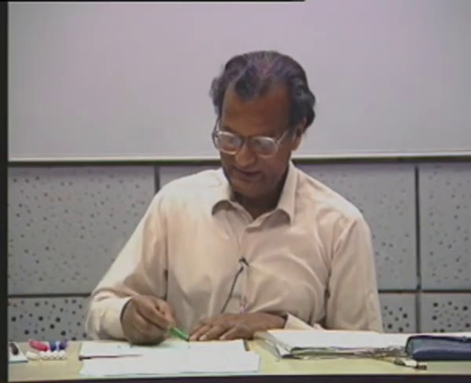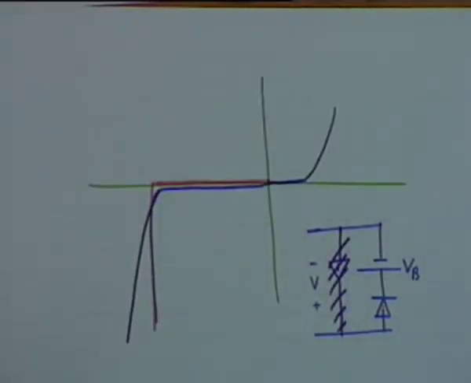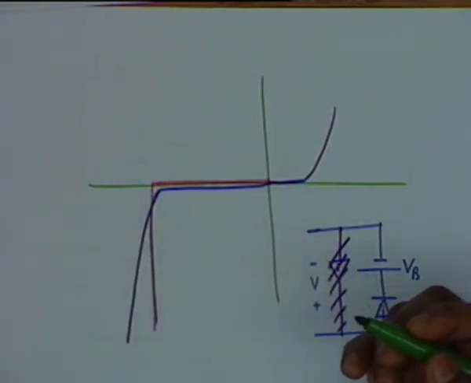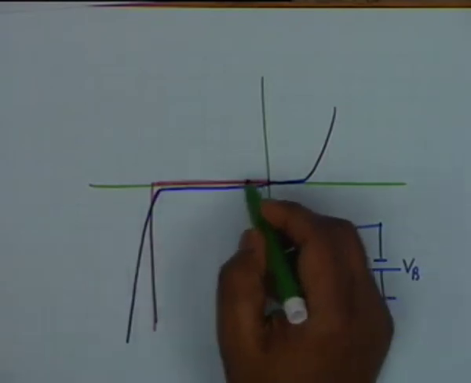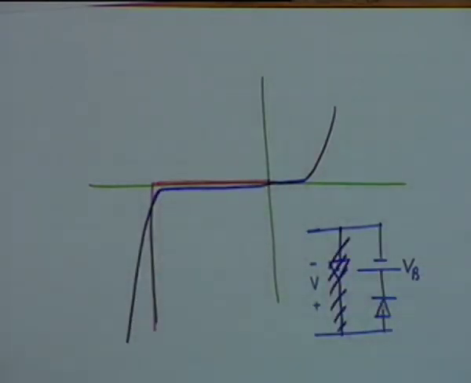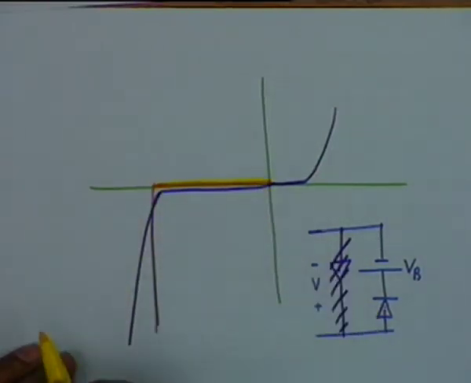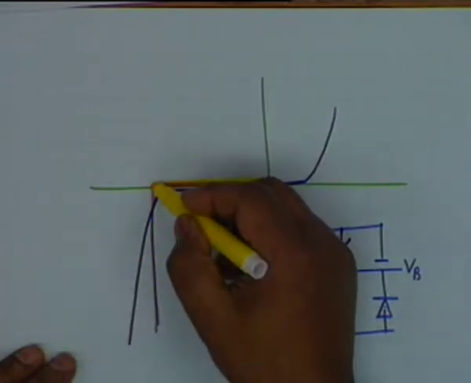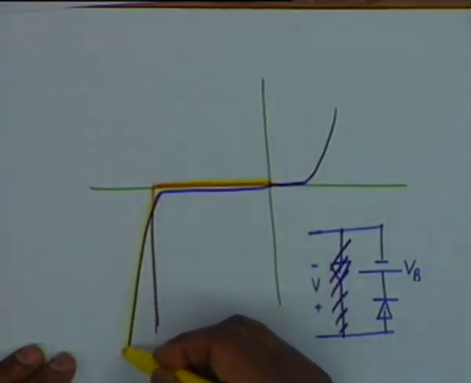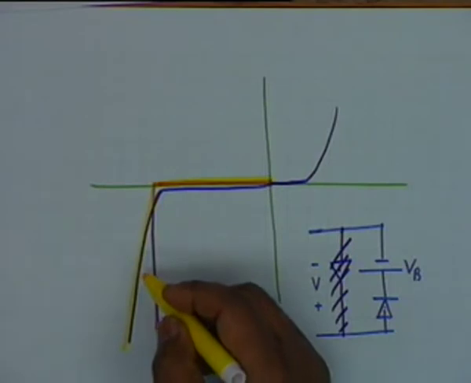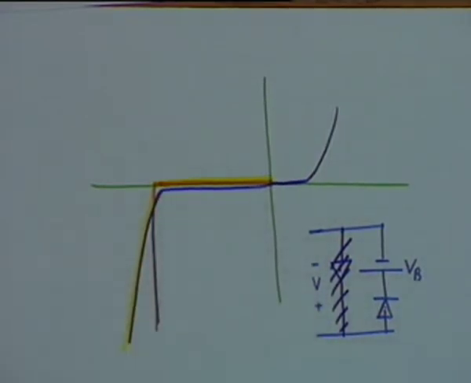Now, once again, the sloping character of the actual Zener diode can be approximated by including a resistance. I should use some other color, let us use yellow. We approximate up to this, the yellow line, and then we approximate by a straight line whose angle with this axis is slightly less than 90 degrees, and you can define a dynamic resistance for this characteristic.